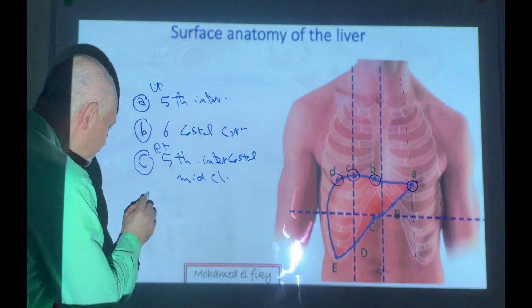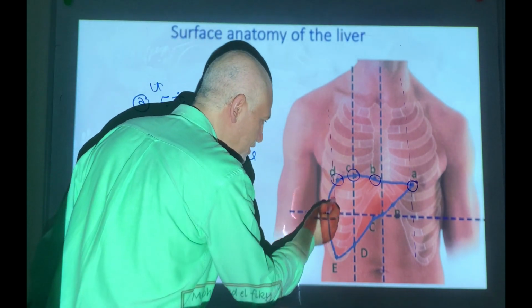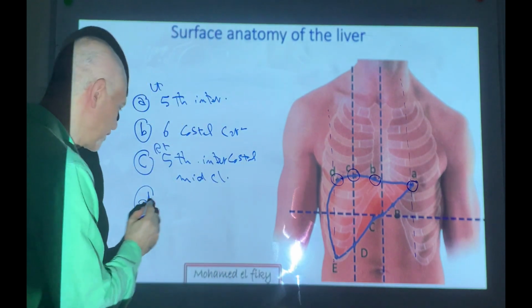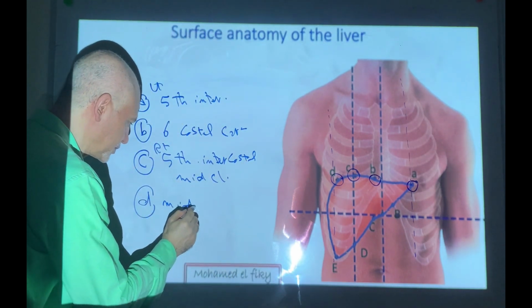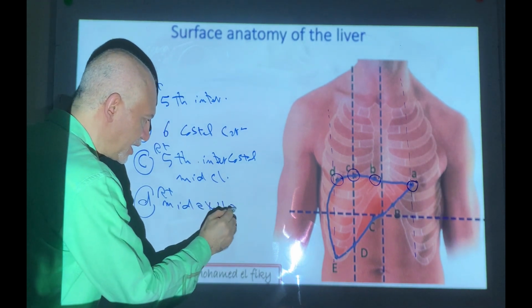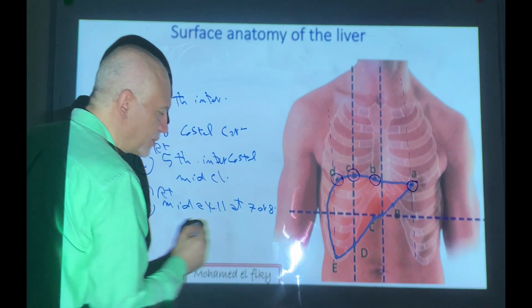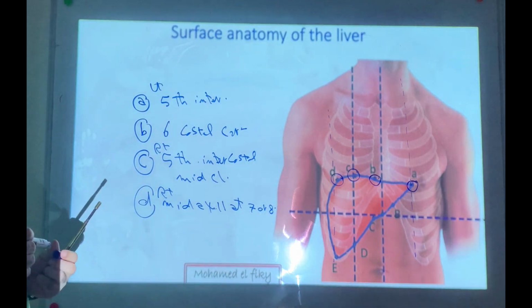Point D is present in the mid-axillary line on the right side, at the 7th or 8th rib.